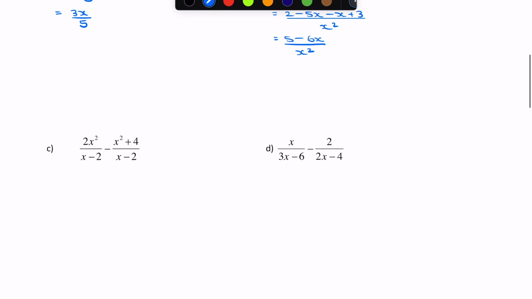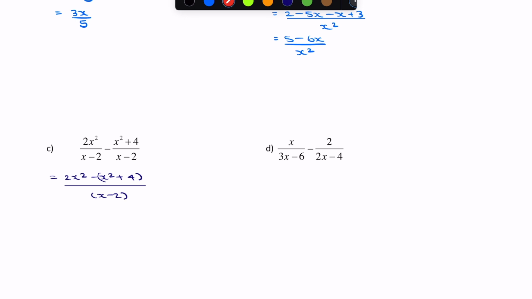Okay, for c here, we have 2x squared over x minus 2 minus x squared plus 4 over x minus 2. So again, we already have a common denominator of x minus 2. So we can rewrite this as 2x squared minus x squared plus 4, remember, don't forget the brackets, over x minus 2.